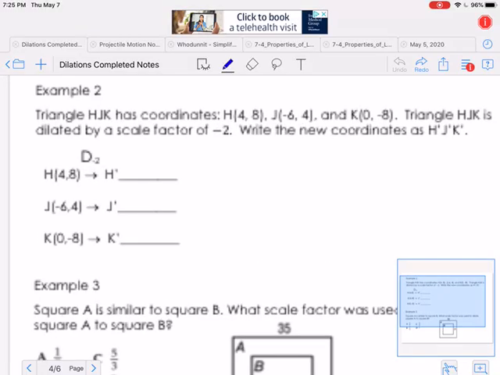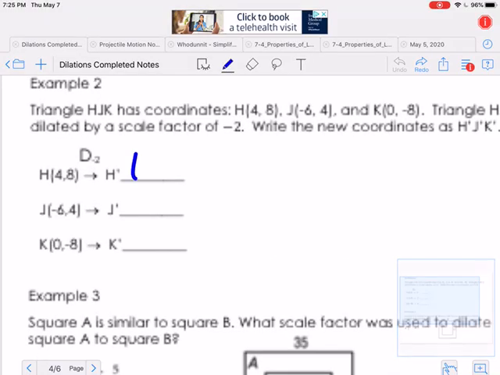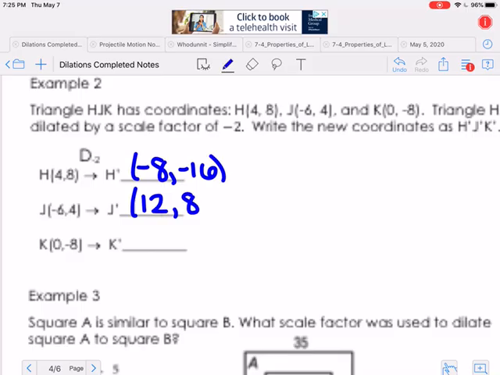So that 4, 8 is going to become -8, -16. The -6, 4 is going to become a positive 12, -8. And then K, 0 times -2 is still going to be 0, and then -8 times -2 is going to be positive 16. Mistake.